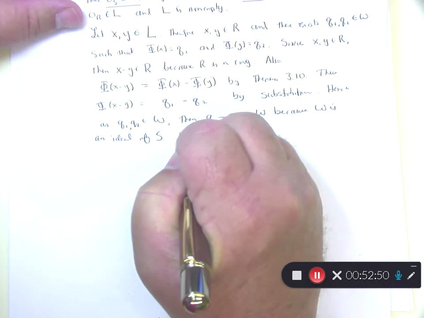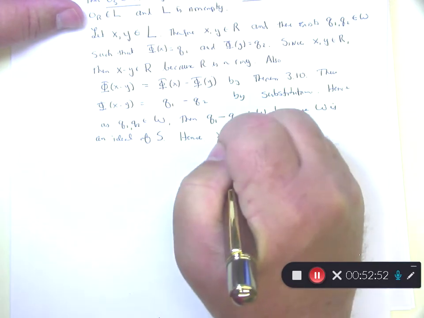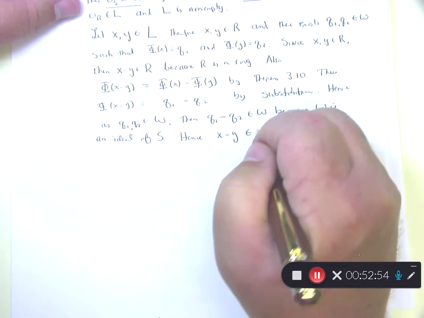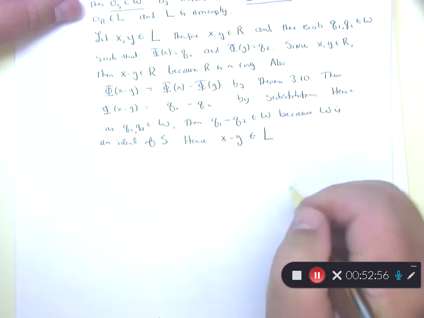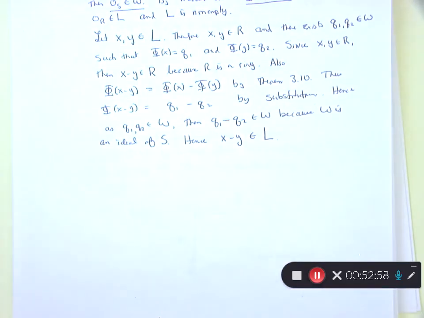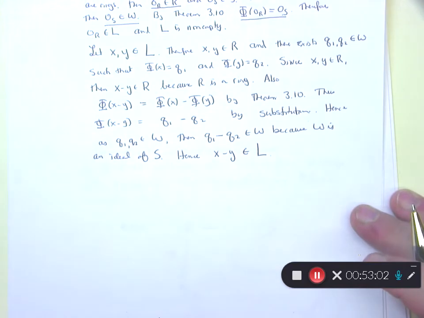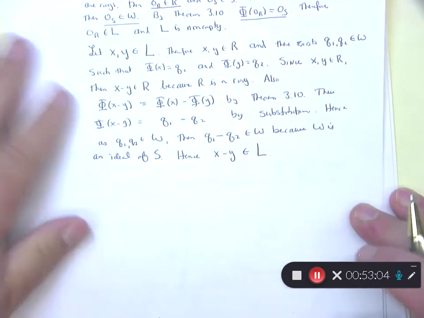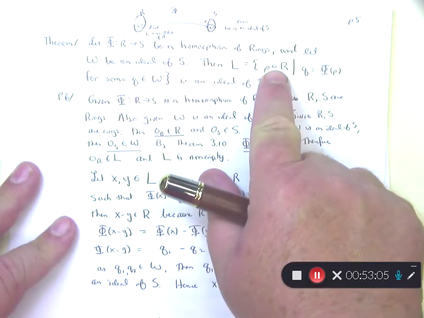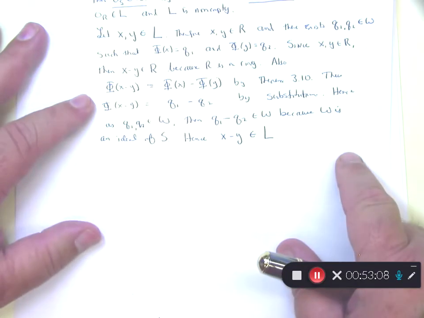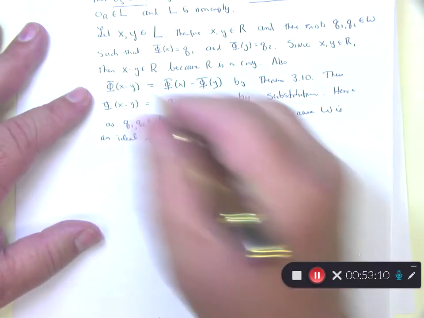Hence, x minus y is an element of L. Again, I want to underline this for your benefit, so when you do proofs like this, you know what you're looking for. To be inside L, you had to come from R. x minus y has to come from R. That was stated here.